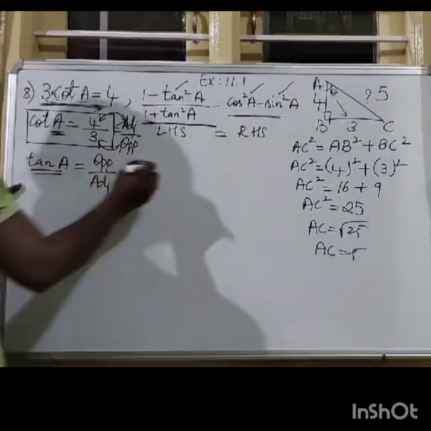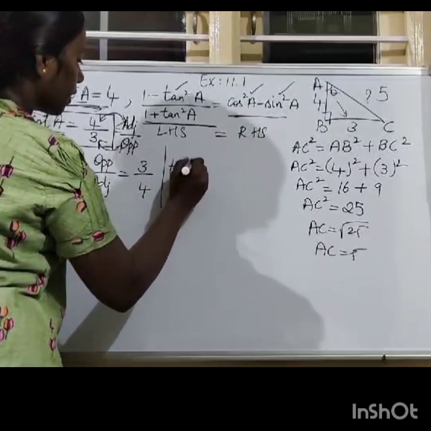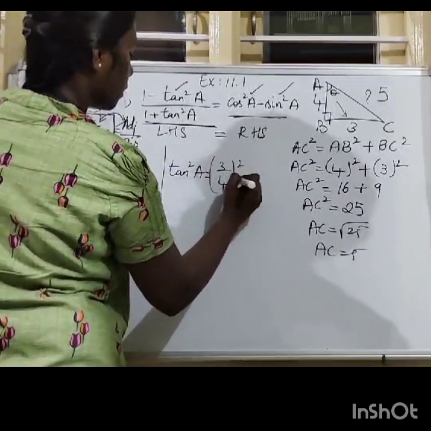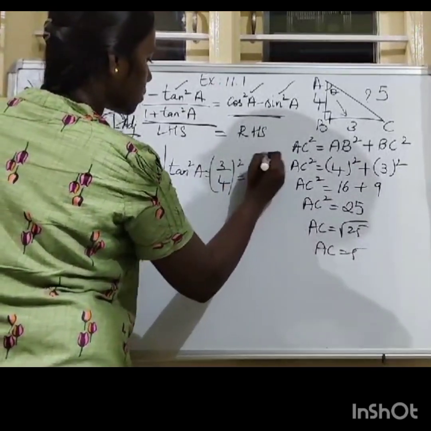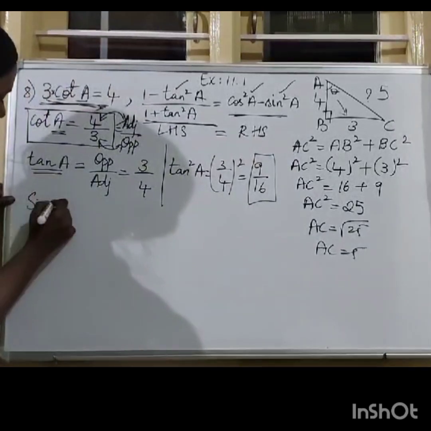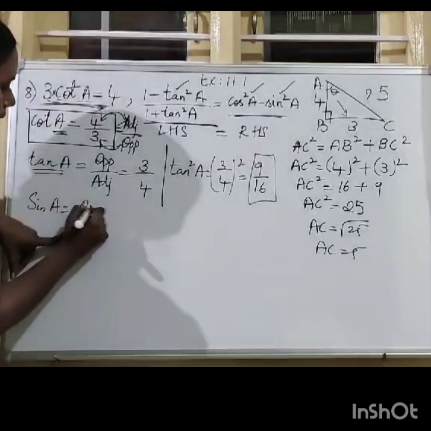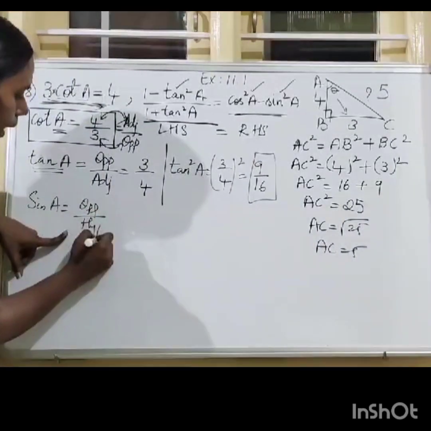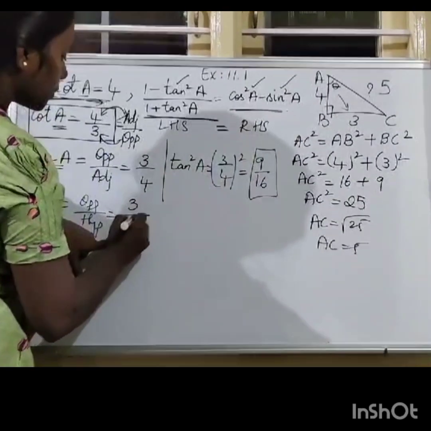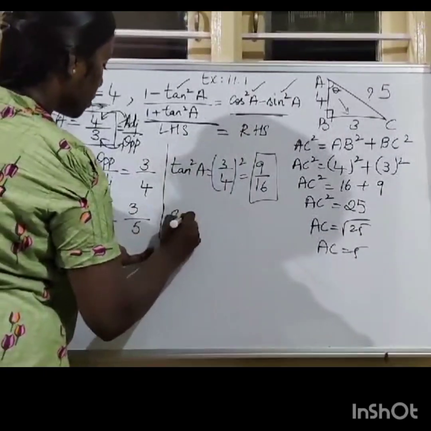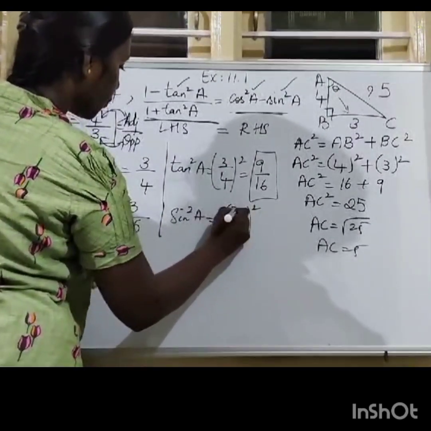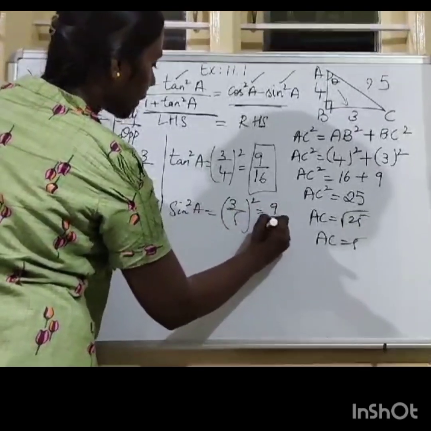This is tan A. So our tan square A will be 3 by 4 the whole square, 9 by 16. So this will be our tan square A value. Next, sine A. Sine ratio is opposite by hypotenuse. Opposite value is 3. Hypotenuse value is 5. So sine square A will be square of 3 by 5, that is 9 by 25.